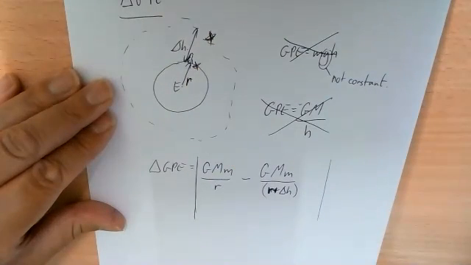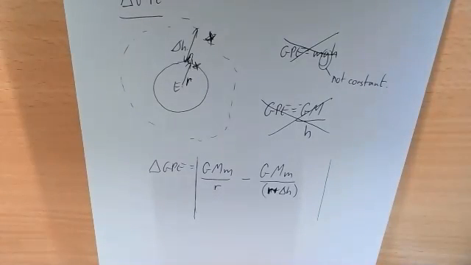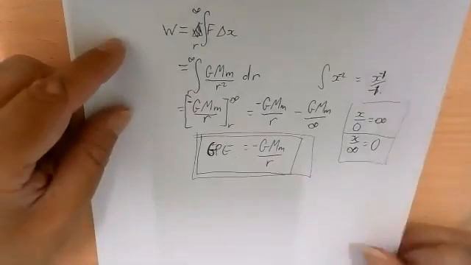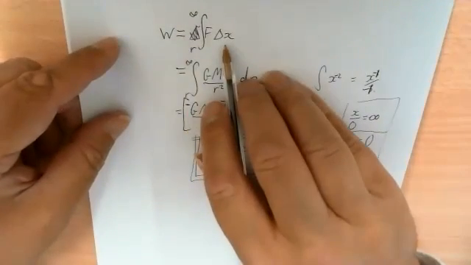Isn't it over r squared? No, because it's the energy, remember. So we said before in our earlier part, for those of you who are into your calculus, you know that work done is force times distance.